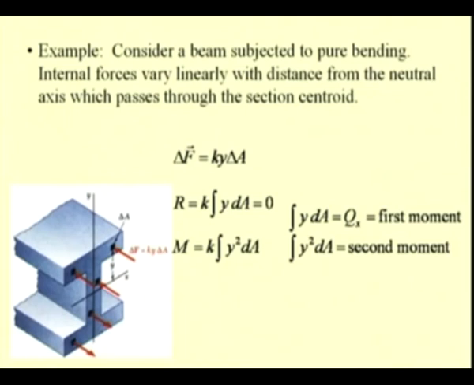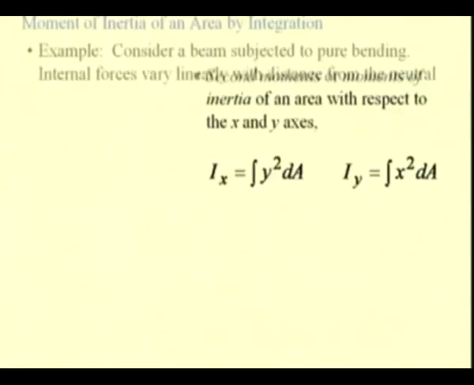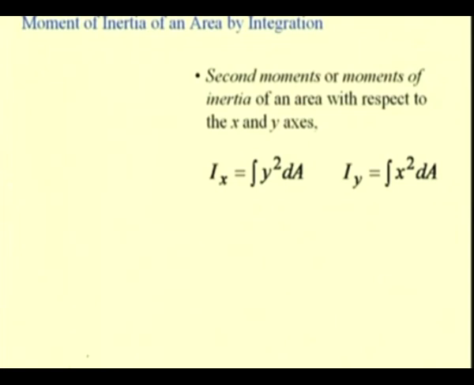So, let us see how we determine this quantity, that is the second moment for a given area, integral y squared dA. We can determine the moments of inertia of an area with respect to the x and y axes.